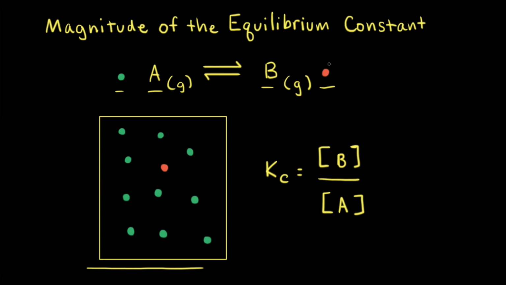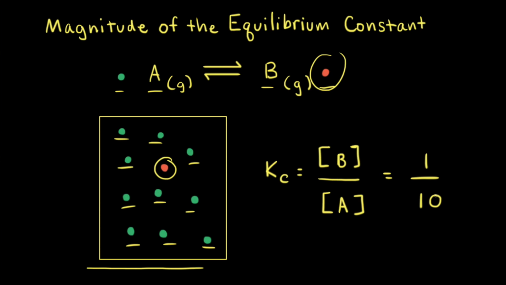For B, which is red, we have 1 red particle, so we can put in 1. And for gas A, we have 1, 2, 3, 4, 5, 6, 7, 8, 9, 10 particles. So 1 divided by 10 is equal to 0.1. So Kc is equal to 0.1 for this hypothetical reaction at a certain temperature.